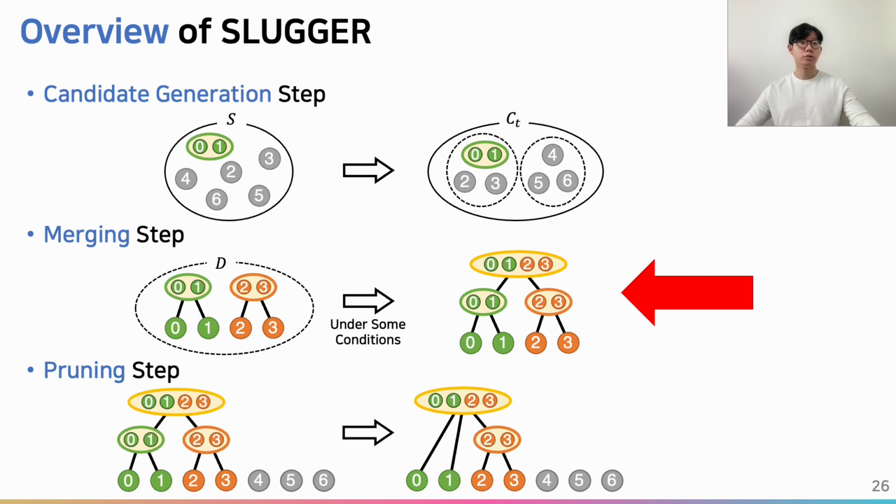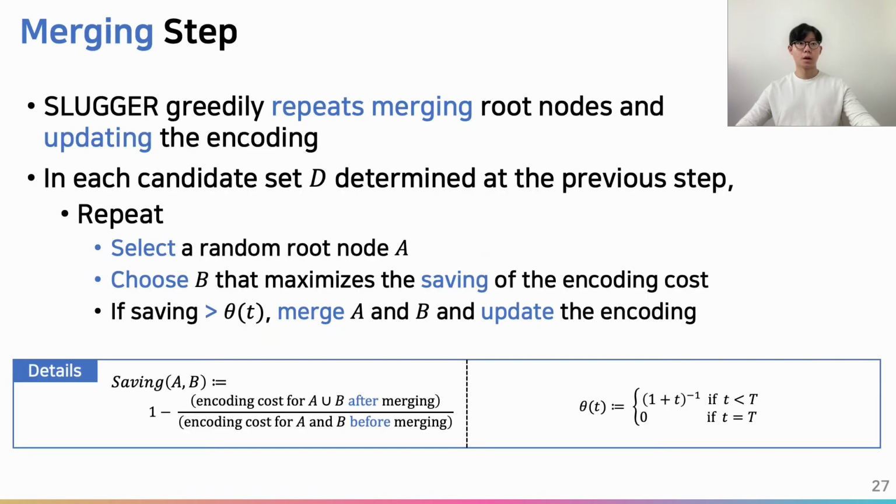Let me move on to the merging step, where SLUGGER merges nodes selectively within each candidate set. In the merging step, SLUGGER greedily repeats merging root nodes and at the same time updating the encoding accordingly. For each candidate set D obtained from the previous step, SLUGGER randomly repeats selecting one root node A and finds B, then maximizes the saving within D, where saving is the ratio of reduction in the encoding cost.